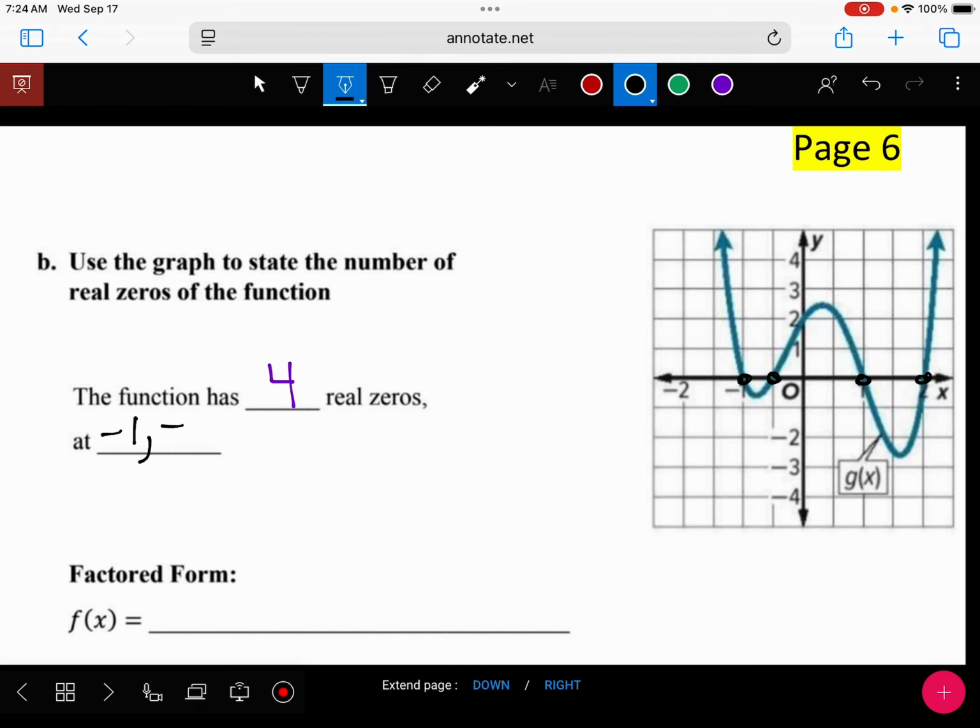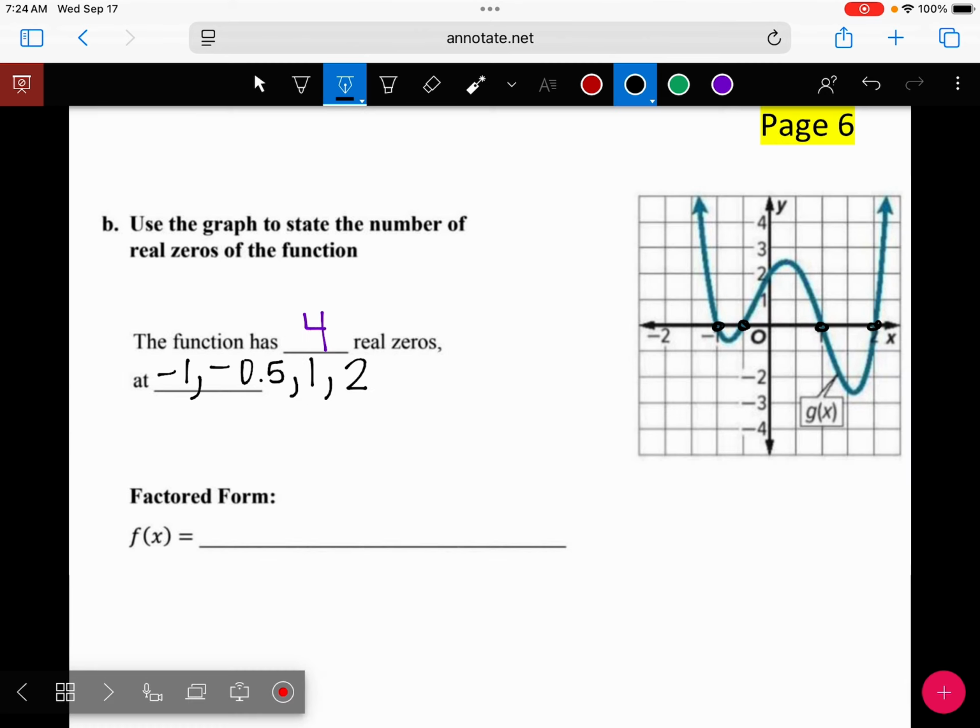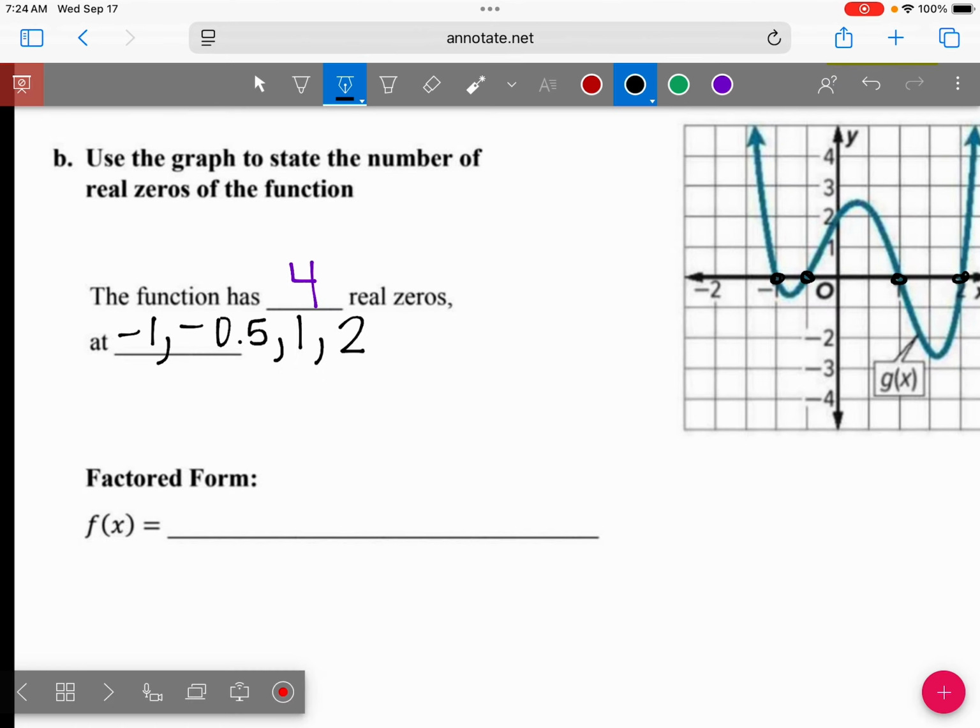The second one is at -0.5. The next one is at +1. And the fourth one is at +2. How many parentheses are you going to make on that line? 4. Let's make 4. So we got 1, 2, 3, 4.